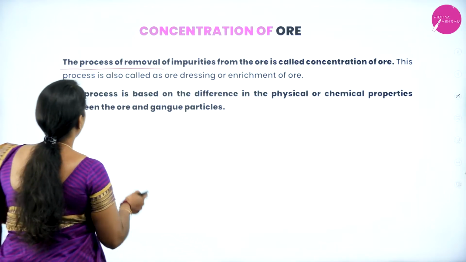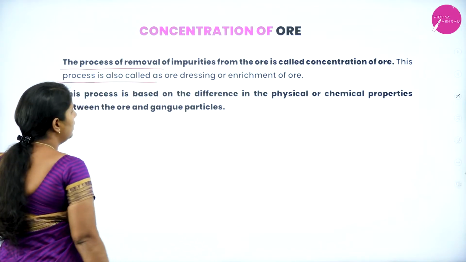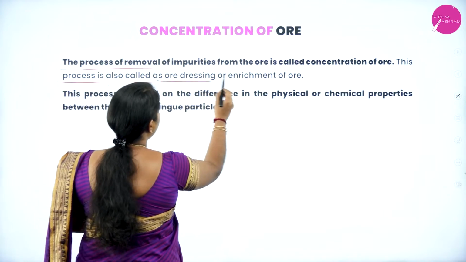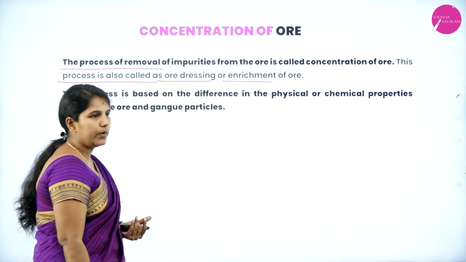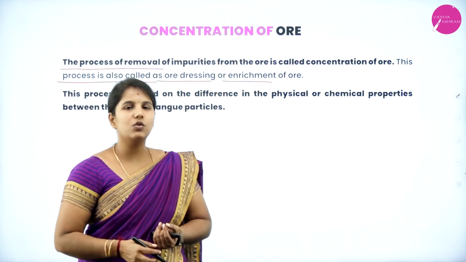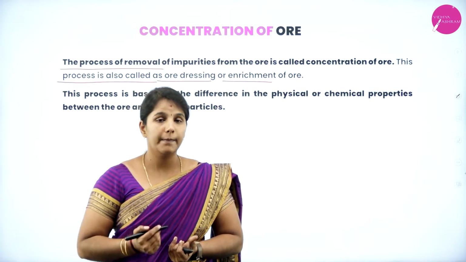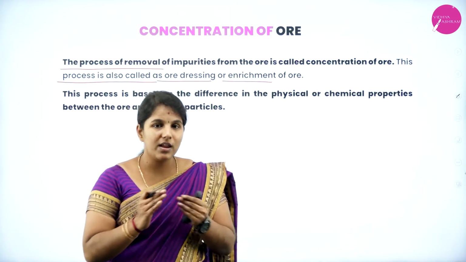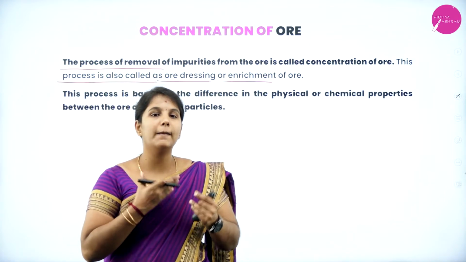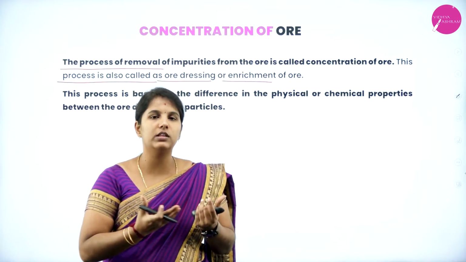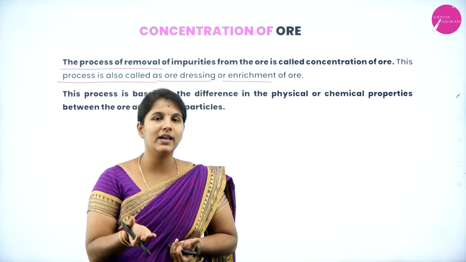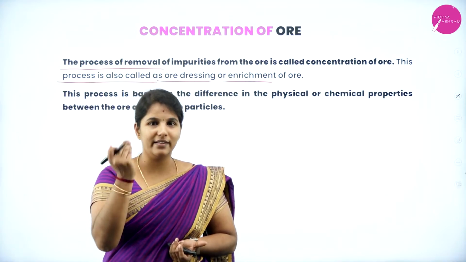This process is also known as ore dressing or enrichment of ore. Why is it known as enrichment of ore? Because once you remove the impurities, your metal concentration or the ore concentration will be enriched, or increased.